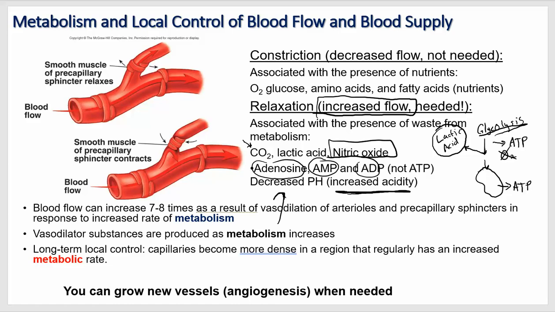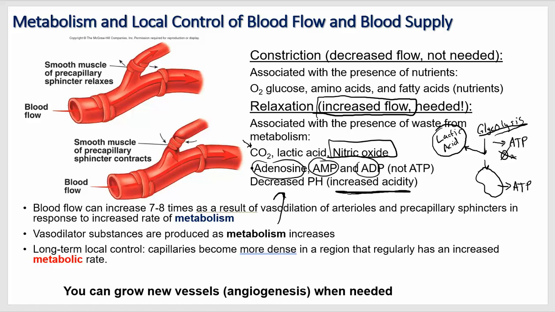So, long-term local control: capillaries become more dense. When we're talking about the short term, based on metabolites or waste products or nutrients, that's more of a short-term solution from vasoconstriction, vasodilation. Long term, you can actually just put in more blood vessels.